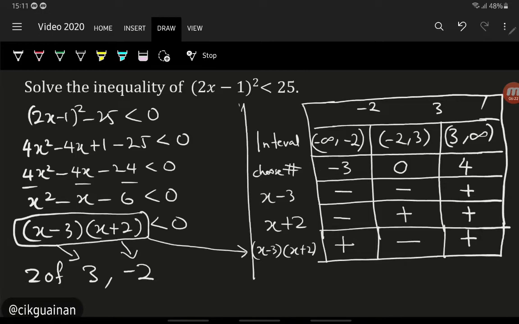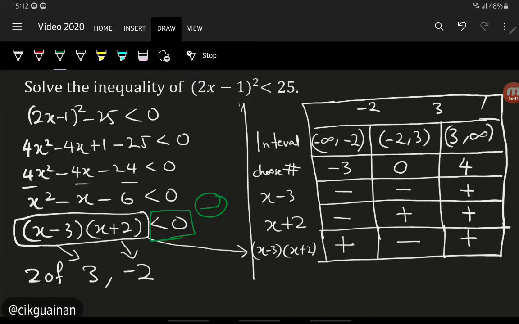Now the next step is for us to decide which one is the solution. Look, we factorize it and then box the inequality. This one is less than 0, which means we want the negative interval, the negative values.